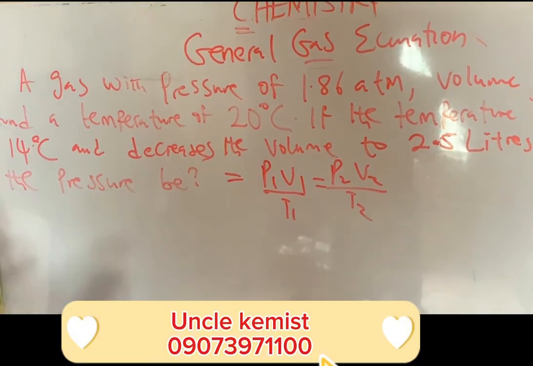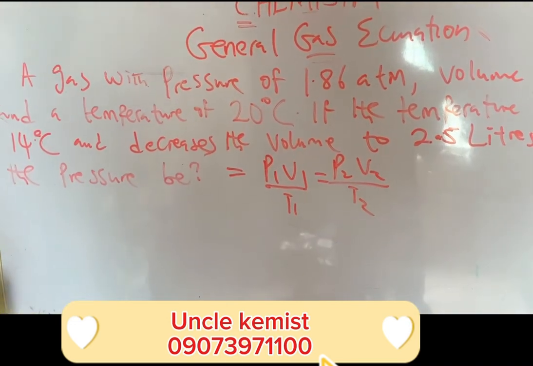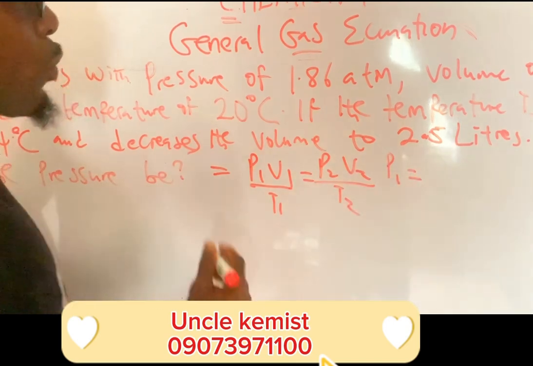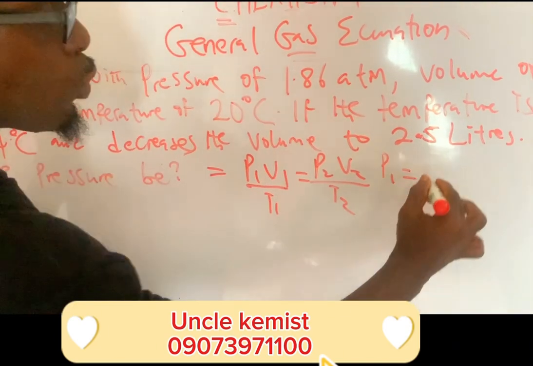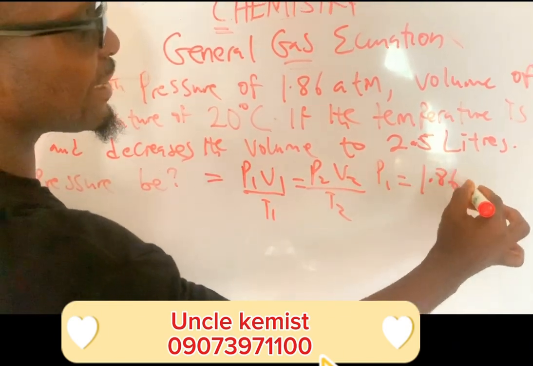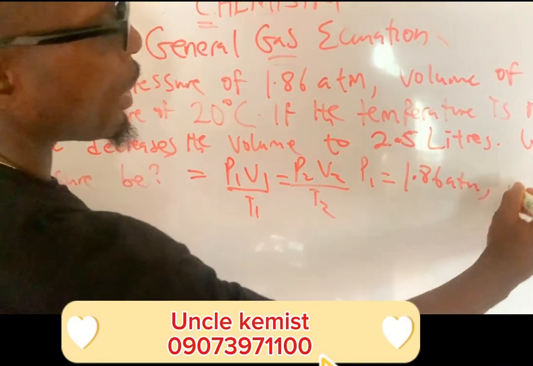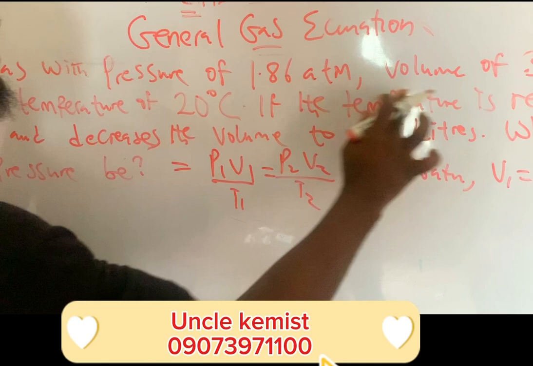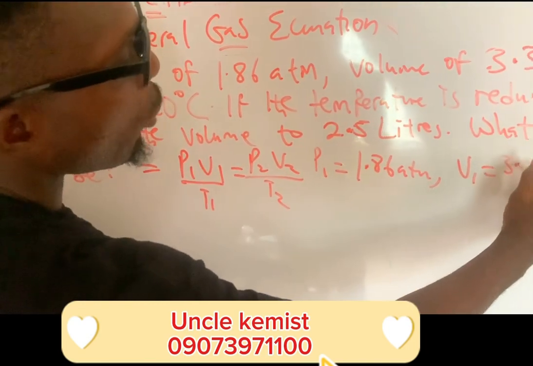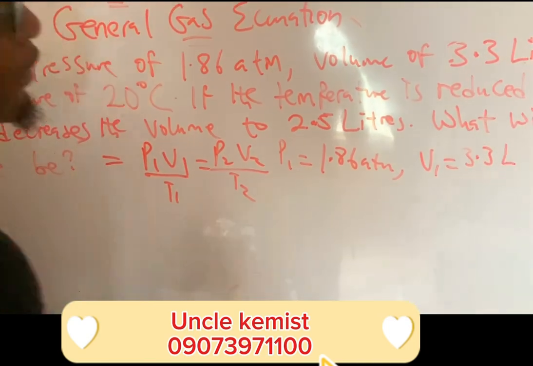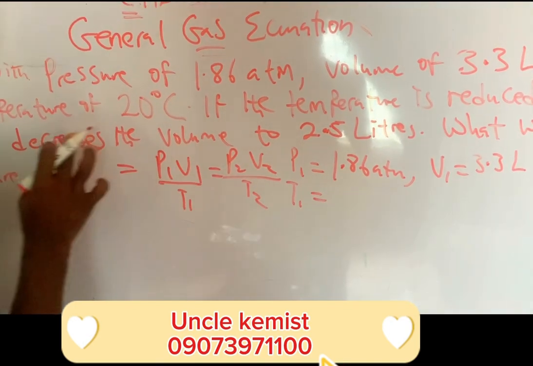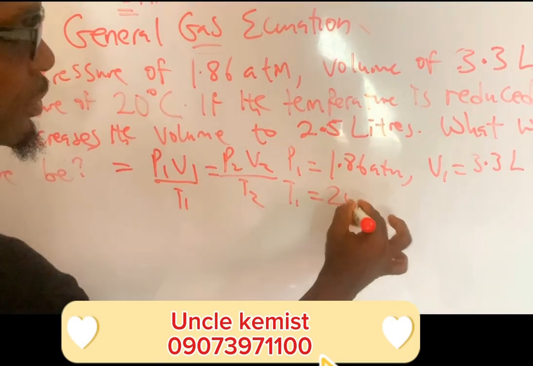Now, in this case, let's write down our variables. From the question, my P1 is 1.86 atm. My V1 is 3.3 liters. My T1 is 20 degrees Celsius.